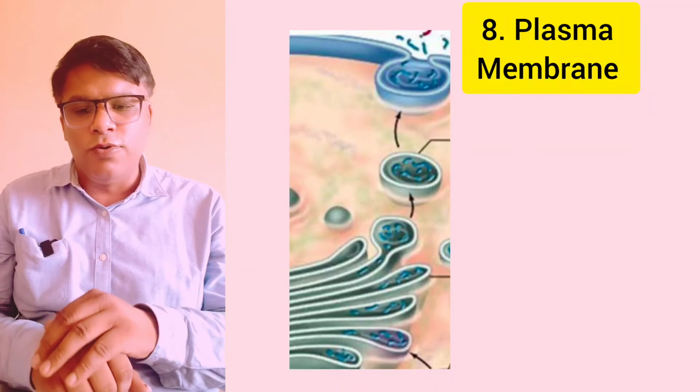So from this video, you must have learned that the nuclear envelope, endoplasmic reticulum, vesicles, Golgi complex, then endosomes, lysosomes, vacuoles and plasma membrane are all part of the endomembrane system.